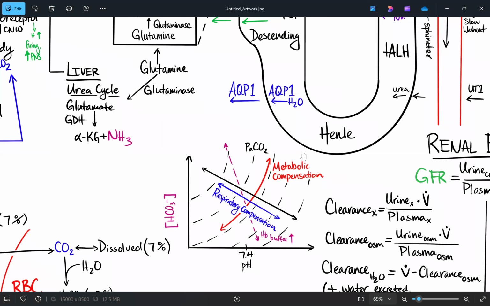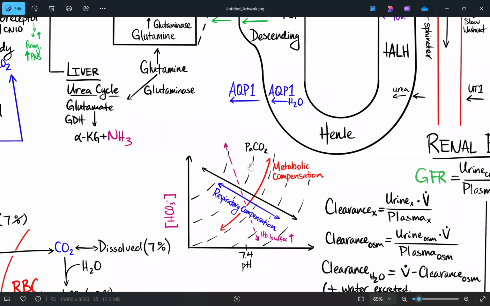If you become acidotic, or if you increase your pH, your metabolic compensation will shift you to the left. My bad, decreasing your bicarb. That makes more sense. Whereas if you have a lower pH shifting to the left, your metabolic compensation will shift you to the right by increasing the amount of bicarb. That makes more sense with the y-axis.